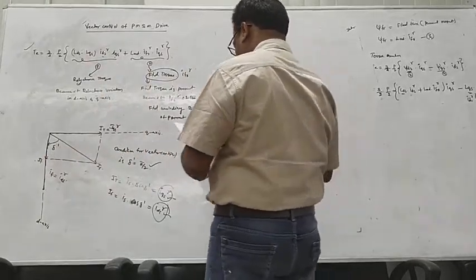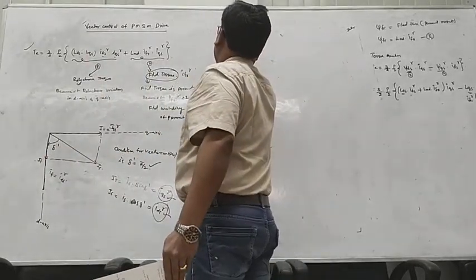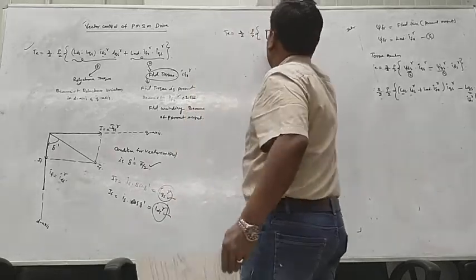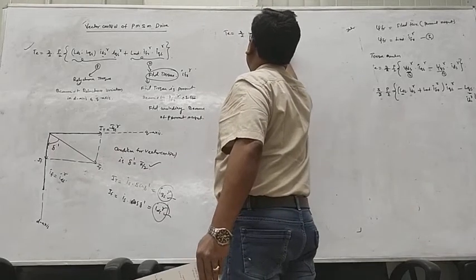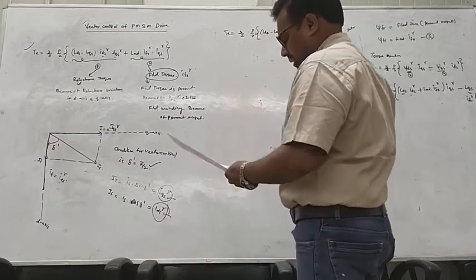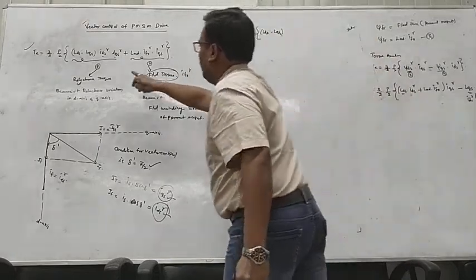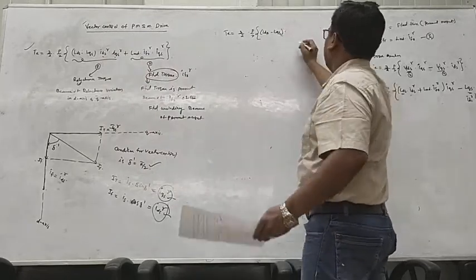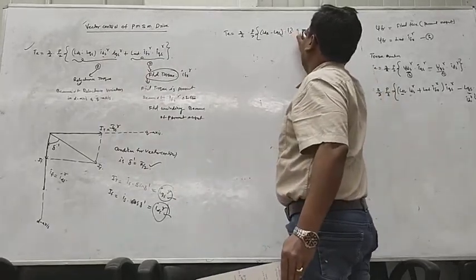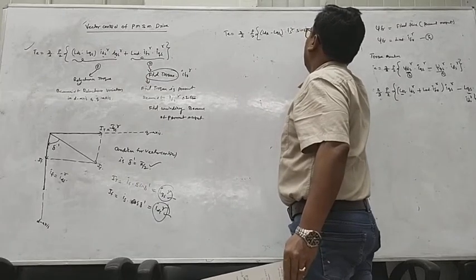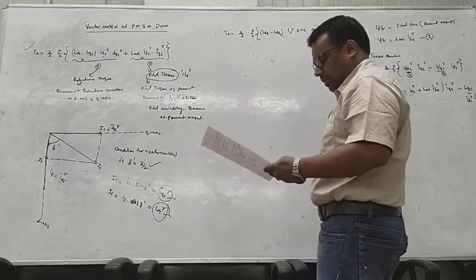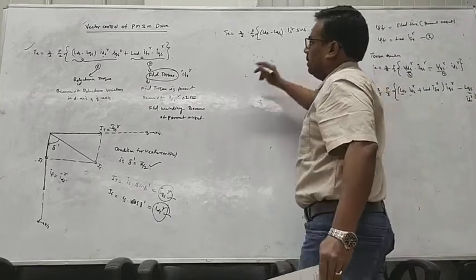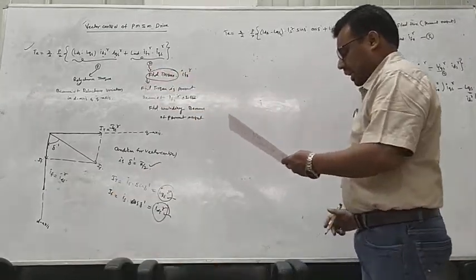Now if you substitute, the torque equation is 3 by 2 into P by 2 into LDS minus LQS, replacing the IDS R and IQS R values, into IS square into sin delta prime into cos delta prime, plus LMD into IFR.